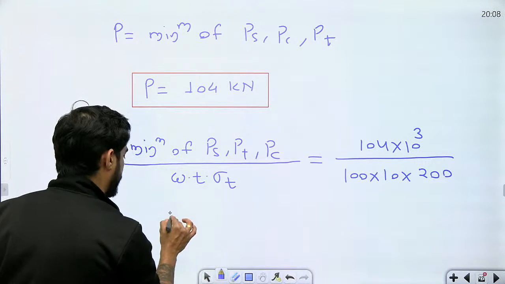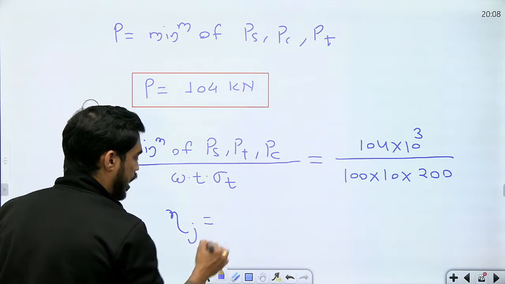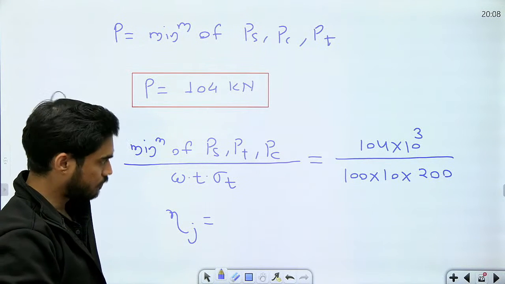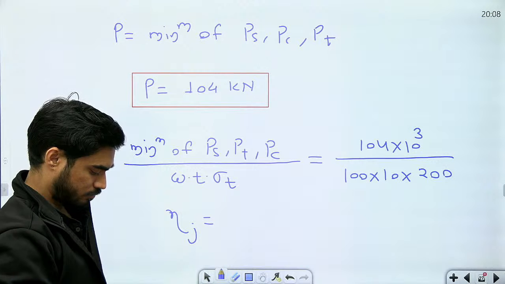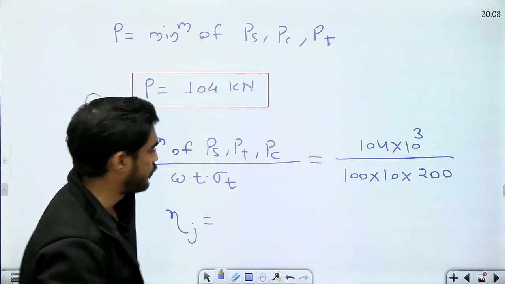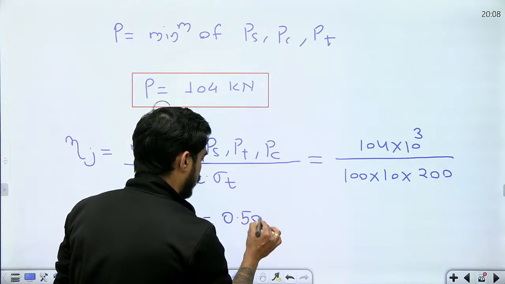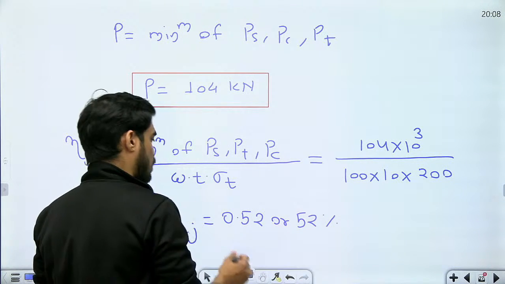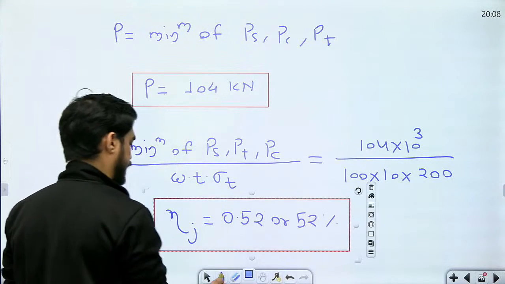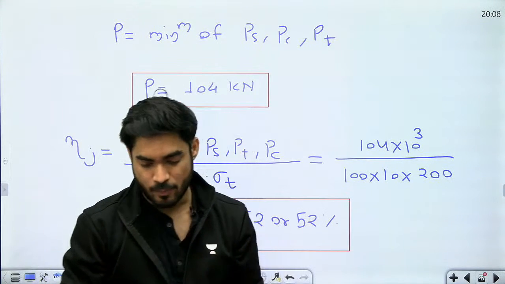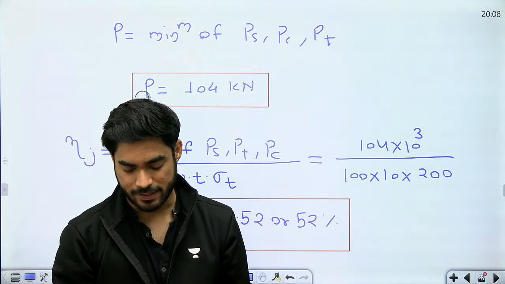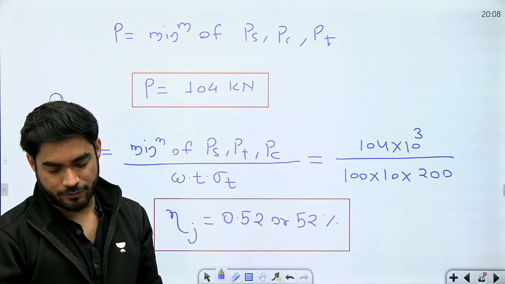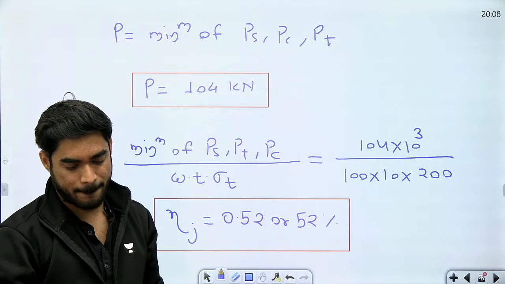So how much joint efficiency are we getting? 0.52, or you can say 52%. Very good Palak, very good Akshay, very good Kalpesh, very good Prem.